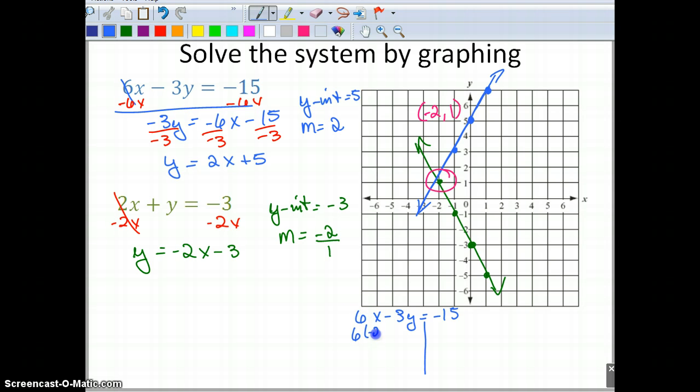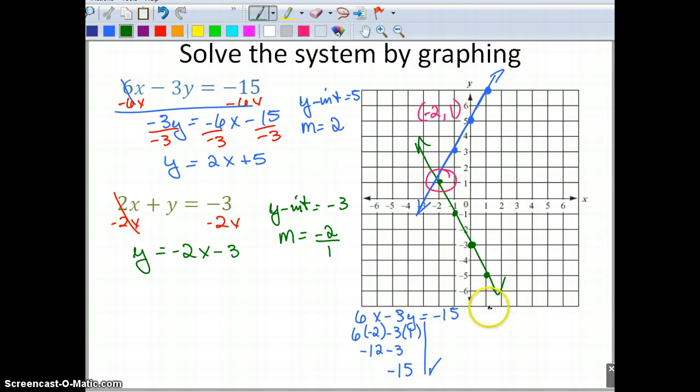So I have 6 times negative 2 minus 3 times 1. That gives me negative 12 minus 3. Okay, that does give me negative 15, so the blue one checks out. So the point (-2, 1) does lie on the blue line. Oh, look, I just didn't graph very well. I was off on my graph.